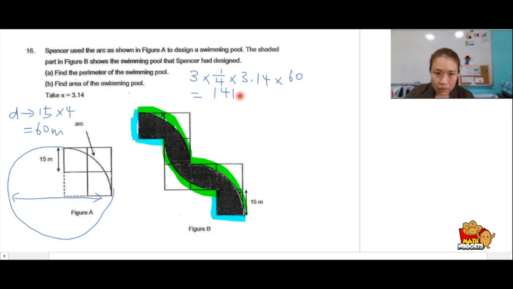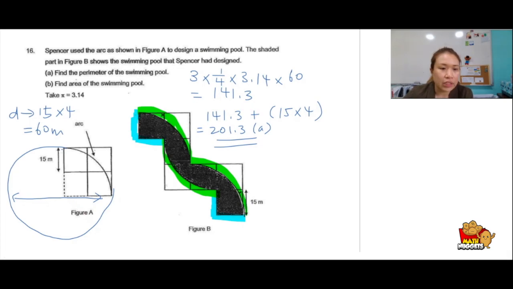Which is 141.3. This is the total curve parts. Afterwards, we need to add all the straight lines. 141.3, add the straight lines, which will be 15 times 4, is 201.3. This is the perimeter for the swimming pool.